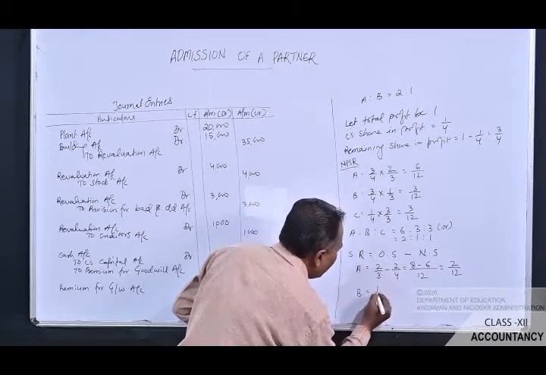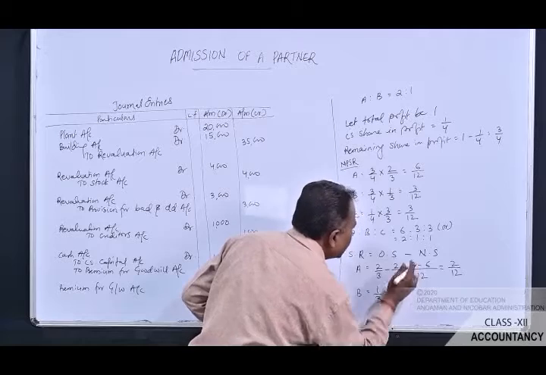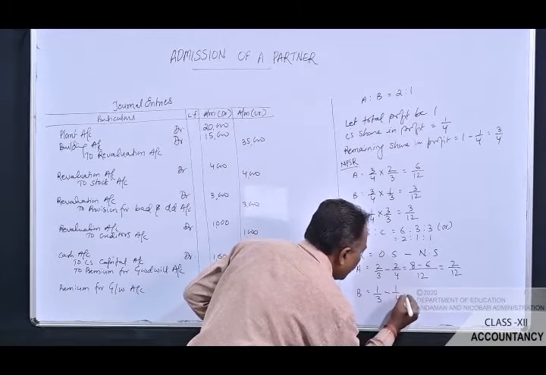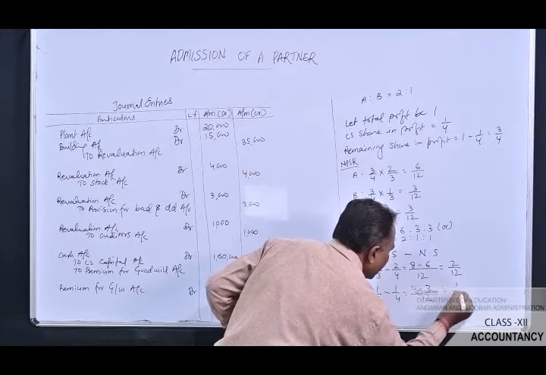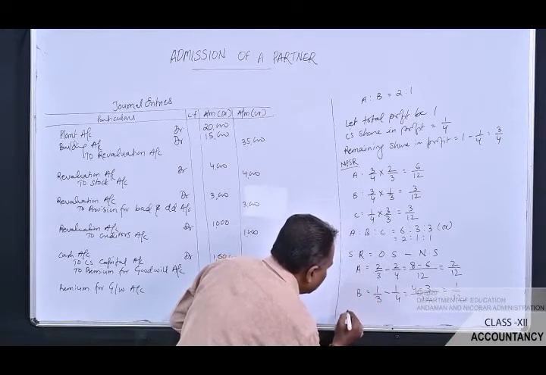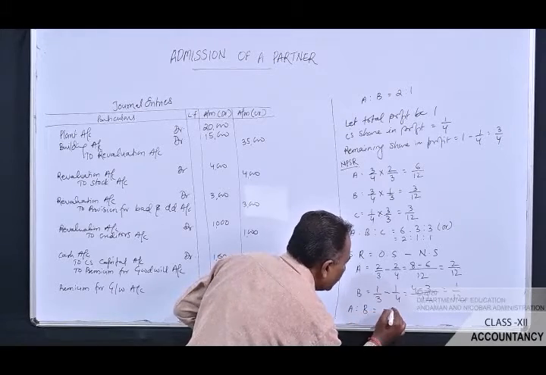And for B, the old share in the profit is 1/3 minus the new 1/4, which is equal to 12, 4 minus 3 is equal to 1/12. So the sacrificing ratio of A and B is 2:1.